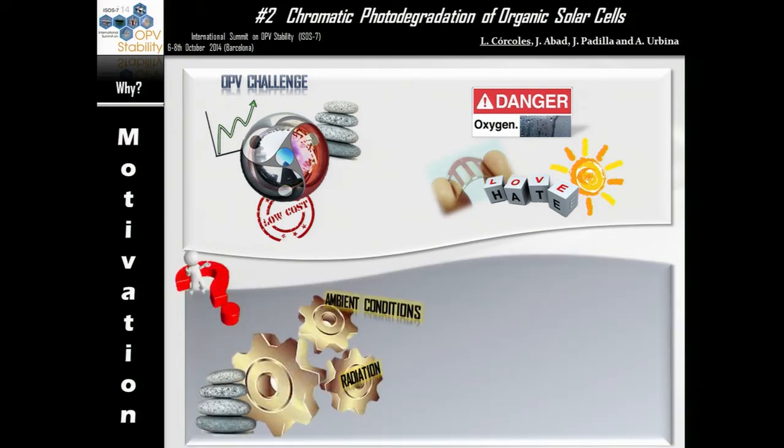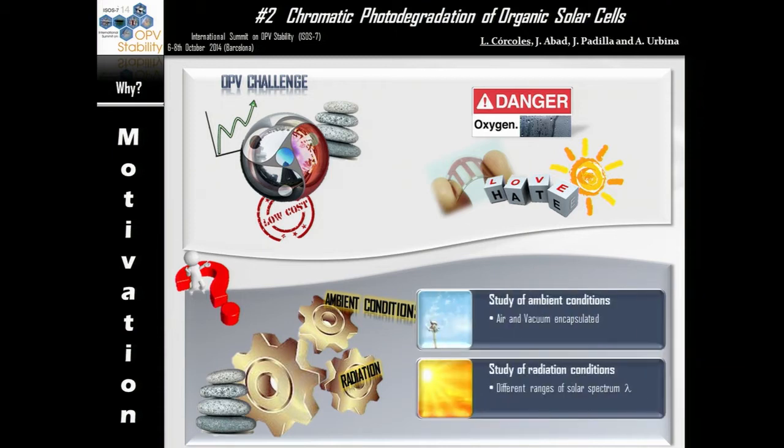So our question was, how can the ambient conditions and the radiation affect stability? In order to see this, we made different studies. One trying to understand how the ambient condition affects, and the other, how the radiation condition affects our devices.